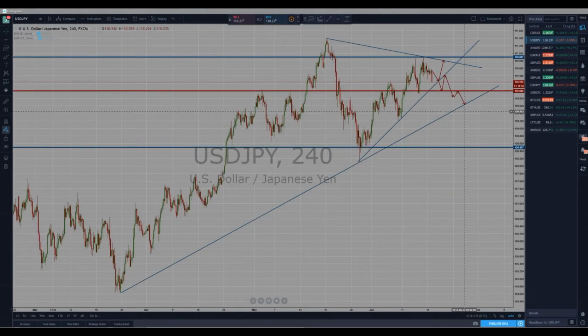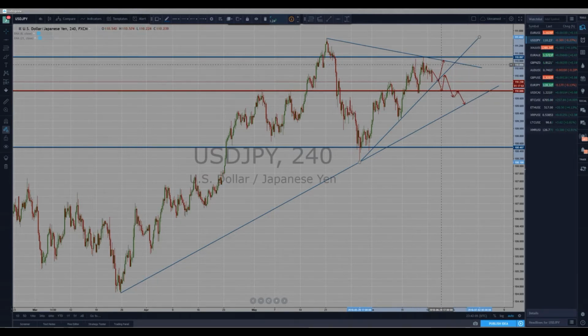Looking at USD JPY, we can see price pushed up and retested this horizontal line up here. You can see I have a few trend lines drawn. All of these trend lines are relevant, some of them more significant than others. We also still have the 110 that's currently active.